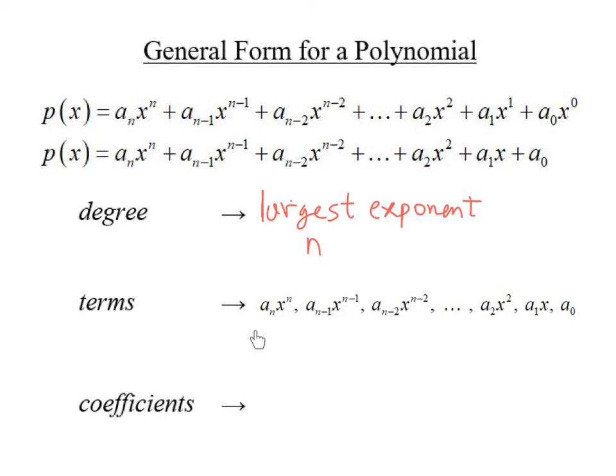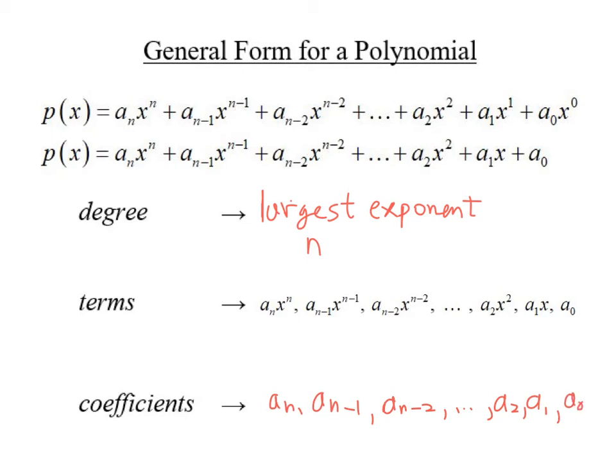That tells us what the largest exponent is. The terms I've written out, the terms are just each one of these power functions. So just writing them out. The coefficients now, those are simply the numbers that are multiplying each variable, right? So we would have a sub n, and then a sub n minus 1, and then a sub n minus 2, all the way down to a sub 2, a sub 1, and then I guess we could call a sub 0 a coefficient.